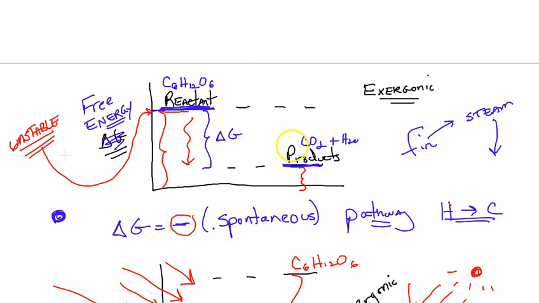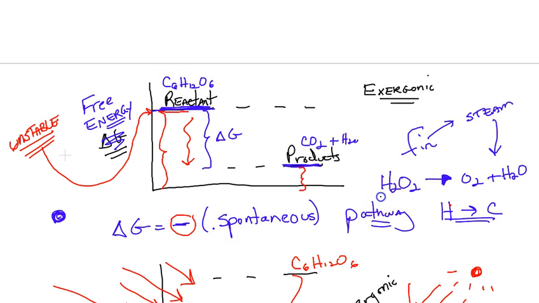If we didn't have enzymes, it would react so slowly that there would not be enough energy for the reaction to go. We saw an example of hydrogen peroxide, H2O2. It happens by itself. It becomes oxygen and water vapor, but it goes so slowly that it takes a long time.